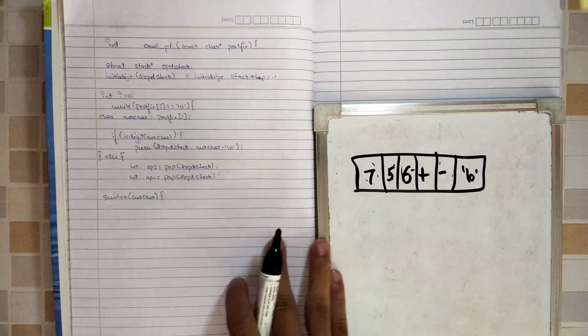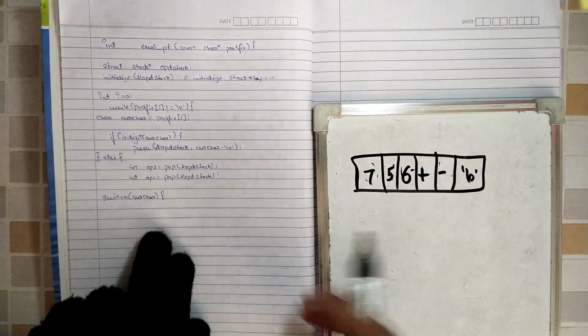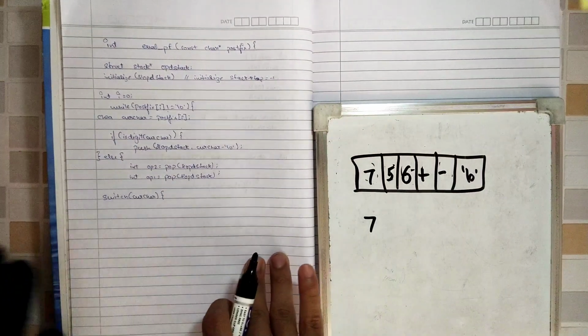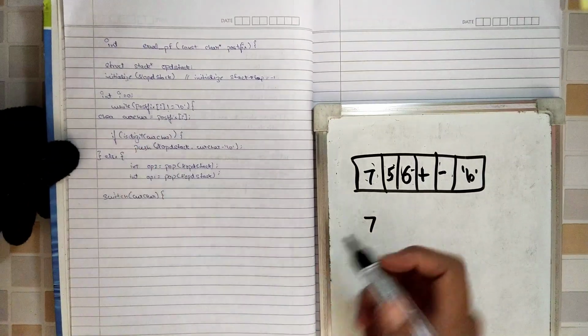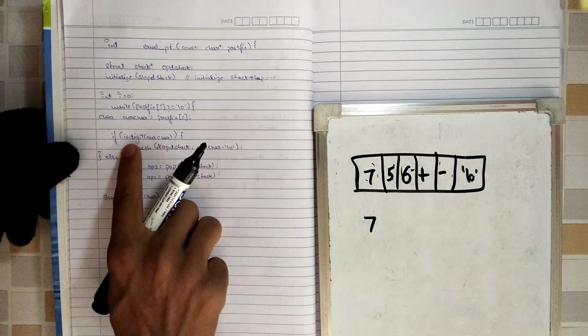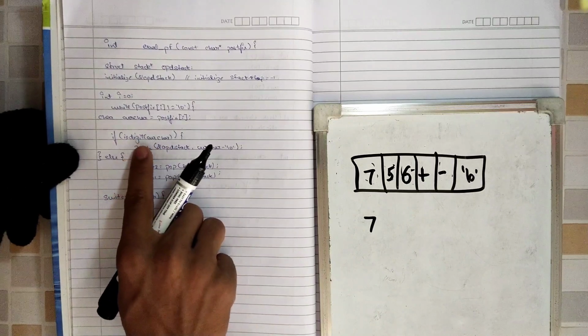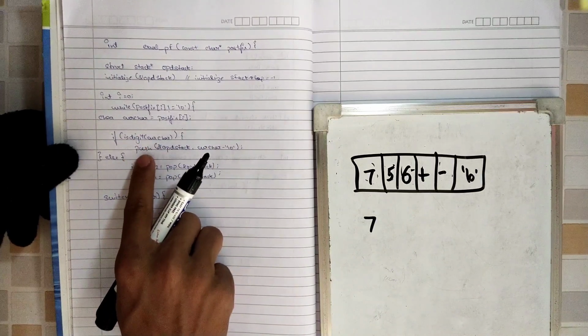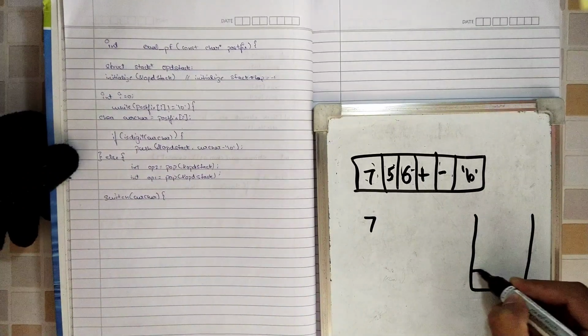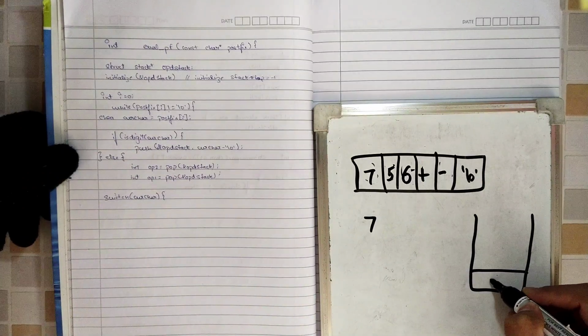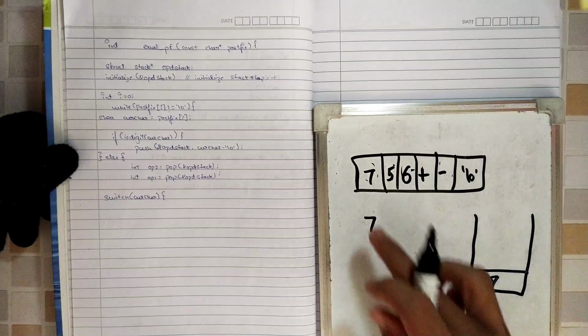So what happens here: while postfix of i is not null, the first character will be my 7. It will check if my current char is a digit. If the function isdigit(current char) says it is a digit, what will it do? It will push it in the stack. Where is this? Yeah, here.